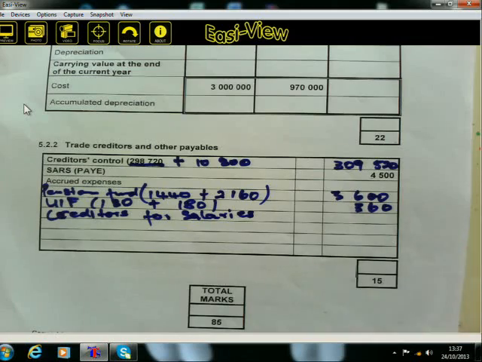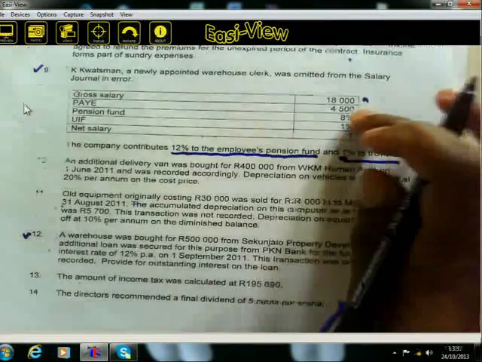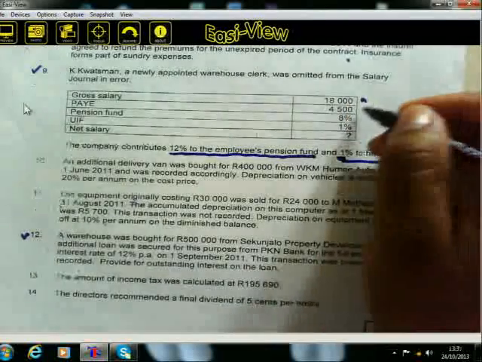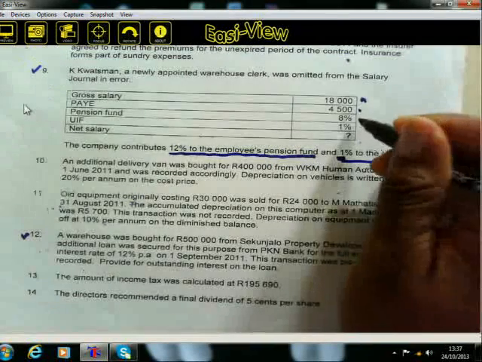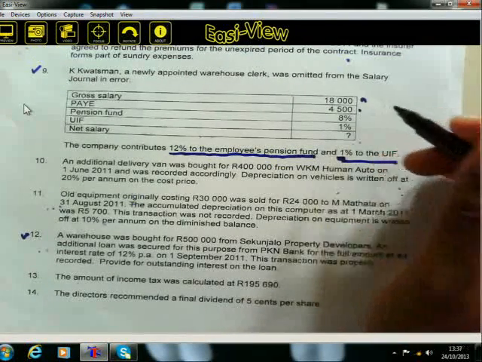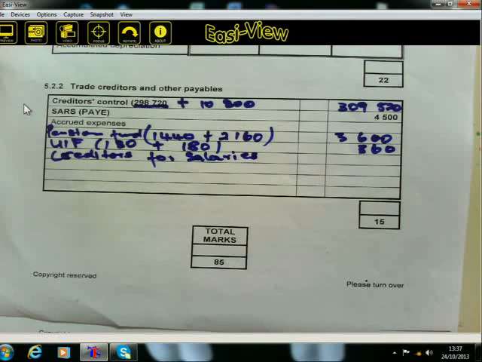So here we take the 18,000, we subtract pay as you earn, the 4,500 given, we subtract the 8%. When we do calculations, you remember the 8% there, we find that it was 1,440.